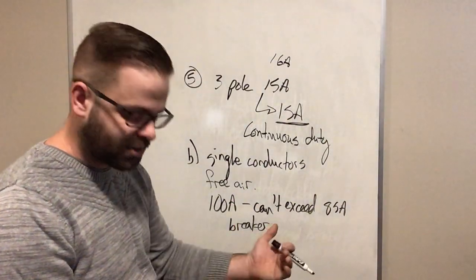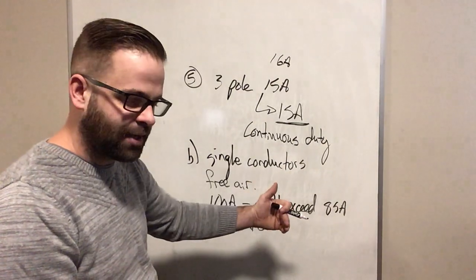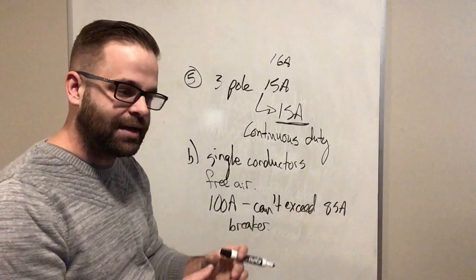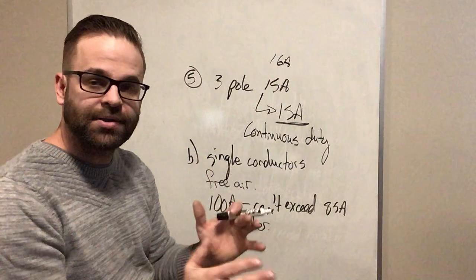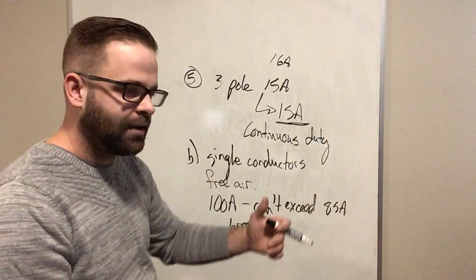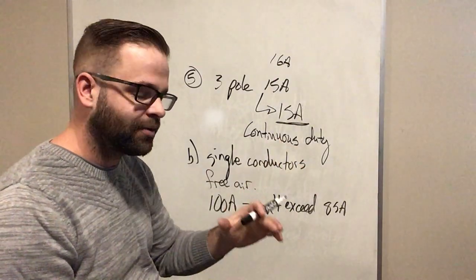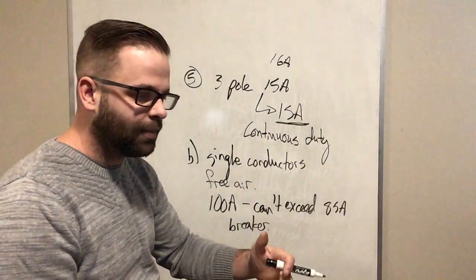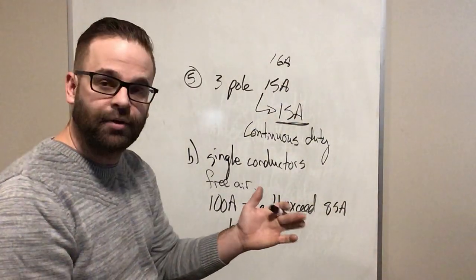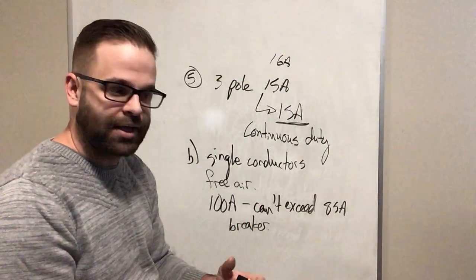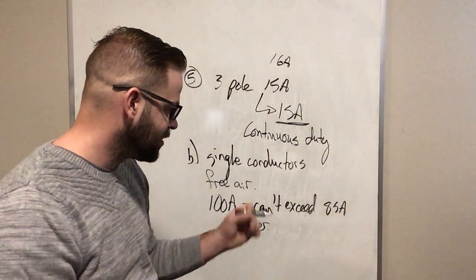So because the conductor's smaller, they don't want the breaker to exceed 85%, because now that smaller wire can't dissipate heat as well as a larger wire would be. So it's not looking at the same size wire, we're now looking at a wire that may have been a number 10 in a cable, but now as a single conductor in free air, it may only be a number 12 or a number 14. So because it's only a number 12 or a number 14, potentially, it can't dissipate heat because there's resistance as well in the wire. So that's all that is saying.